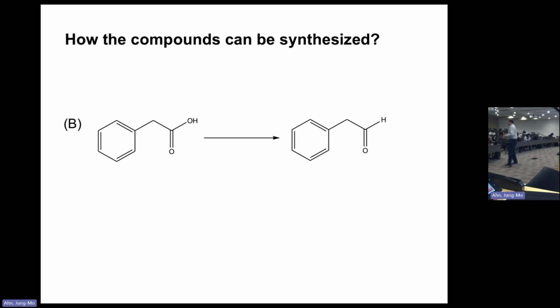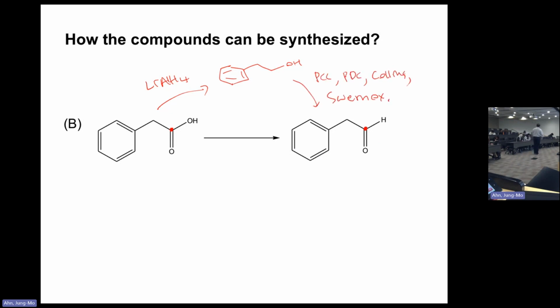This conversion is a carboxylic acid becoming an aldehyde. I'm pretty sure you remember the reaction we just talked about. We can either completely reduce to the primary alcohol, right? Then oxidize it by PCC, PDC, Collins, Swern oxidation. Those are just oxidizing the primary alcohol only to the aldehyde. So that's one way to go.